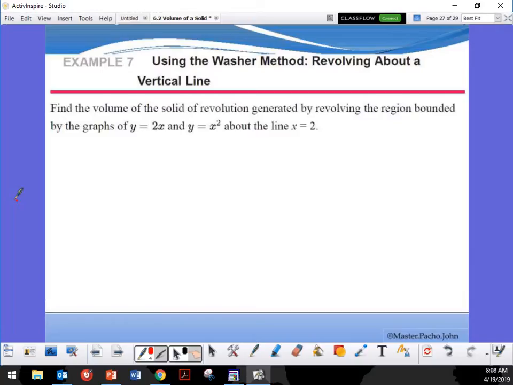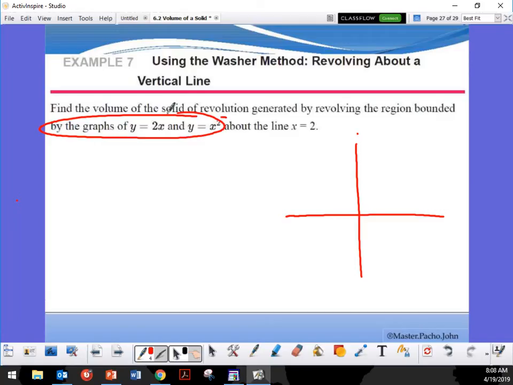So if I'm starting here, we have, set those two equal to each other. 2x equals x squared. Move it over. 0 equals x squared minus 2x. x quantity, x minus 2 equals 0.